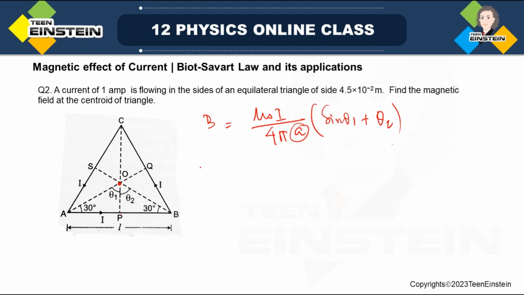So what is the CP or PC length? This is the height of the equilateral triangle, so root 3 by 2 into L. Now what will be OP? This length will be divided in 2 is to 1 ratio, so this part will be 2 by 3 and this part will be 1 by 3.